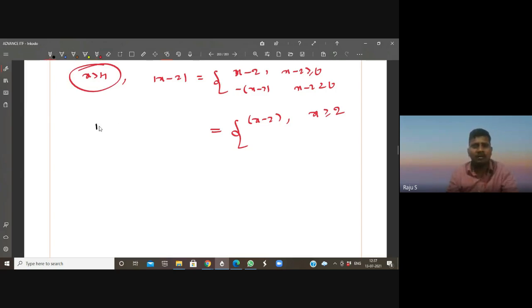So modulus of x minus 2 is what? In the question itself, they gave x value more than 4. When I substitute 4, 5, 6 here, is the modulus value positive or negative? It is positive alone. We cannot take negative, so f of x value is plus x minus 2.